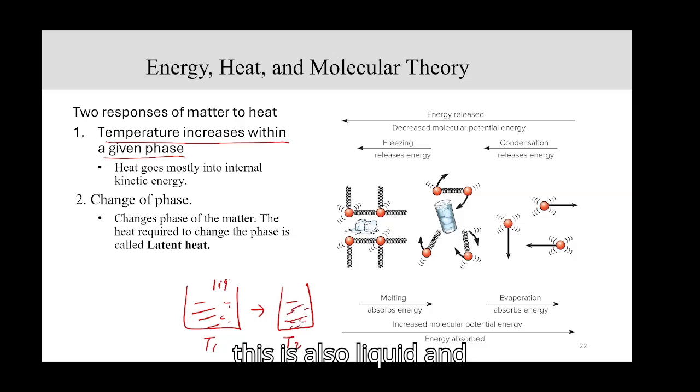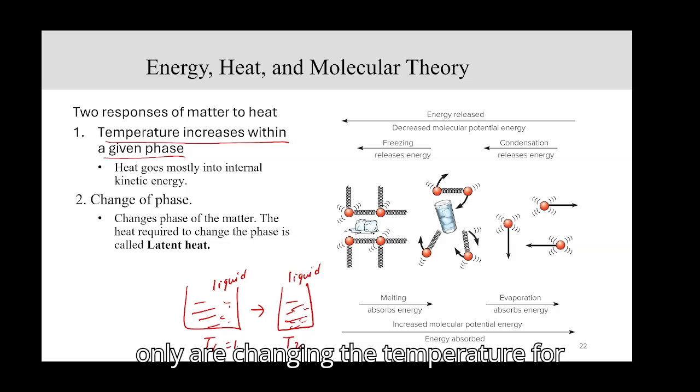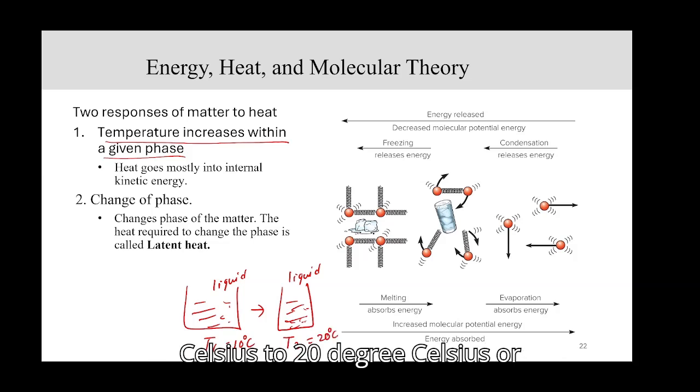This is also liquid, and this is also liquid, so basically it's only changing the temperature, for example from 10 degrees Celsius to 20 degrees Celsius. Or sometimes it can also change the phase.